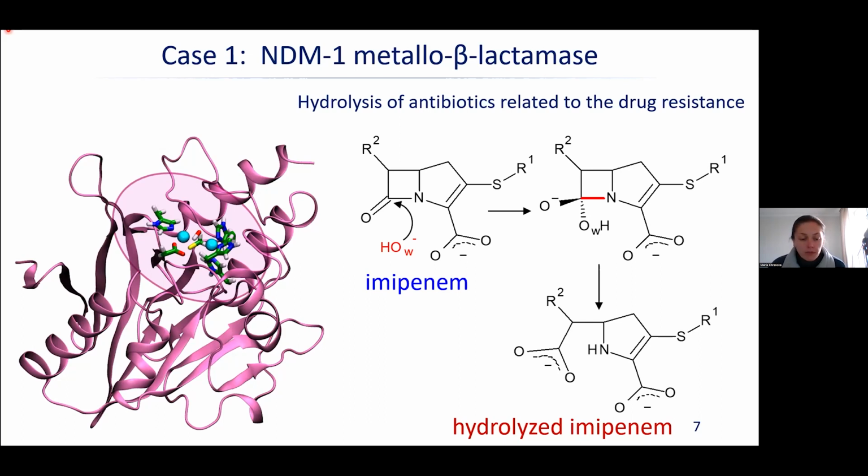The chemical reaction is initiated with the nucleophilic attack of the OH minus on the carbonyl carbon atom, and then as a result of the reaction, the C-N bond is cleaved, and the hydrolyzed imipenem is deactivated with respect to its antibiotic activity.